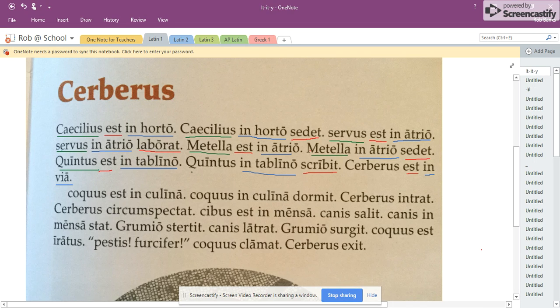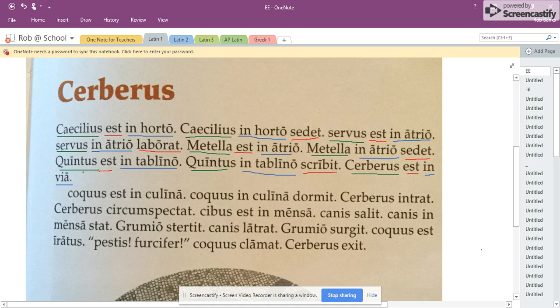Quintus, their son. Of course, Cerberus, the dog. All right, so everything is underlined now, right? Either a verb, which is underlined in red, a prepositional phrase, which is underlined in blue, or a noun, and all the other nouns here are going to be the subject of the verb, right? They're all in the nominative case, as we'll see what that means.